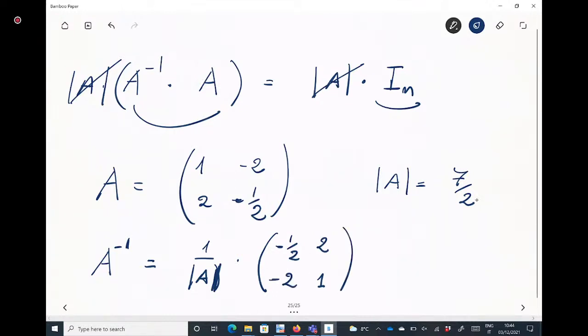And remember that 1 over determinant of A is 2 over 7. So what is the result? 2 over 7 times minus 1/2 plus 4. Minus 1/2 plus 4 is 7.